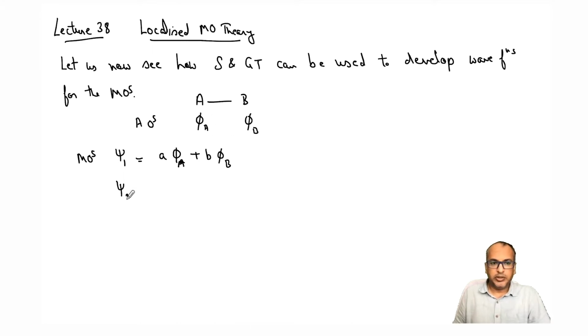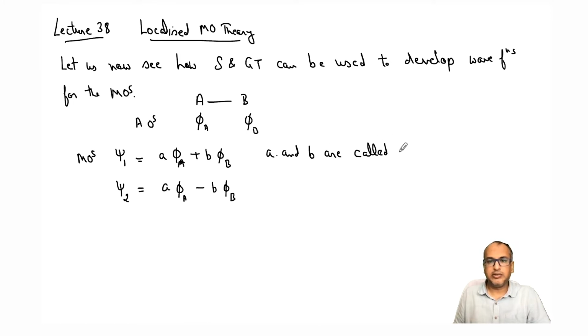So psi 2 will be a times phi a minus b times phi b, where a and b are called mixing constants.